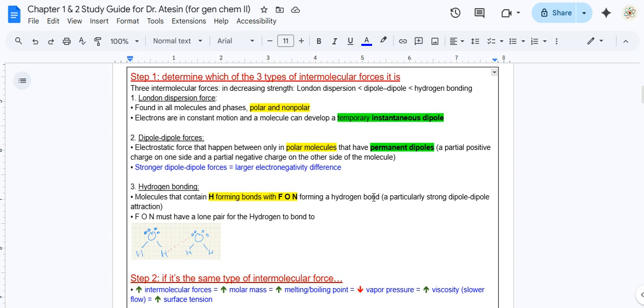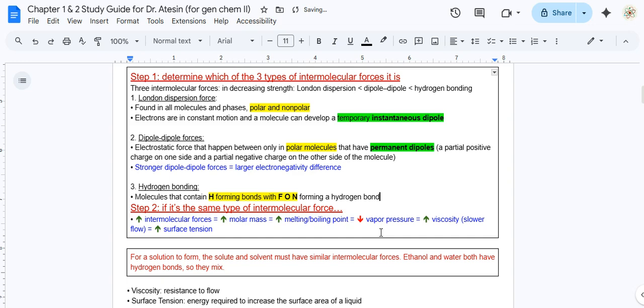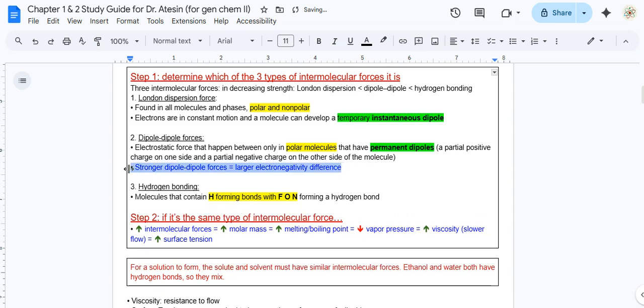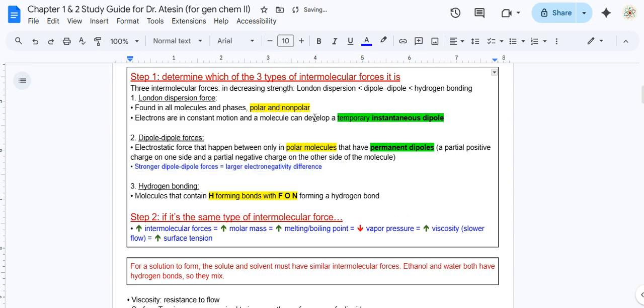And hydrogen bonding is a type of dipole-dipole attraction that is especially strong. Out of these three forces, hydrogen bonding is the strongest intermolecular force. Dipole-dipole force is the second strongest, and London dispersion is the weakest intermolecular force.